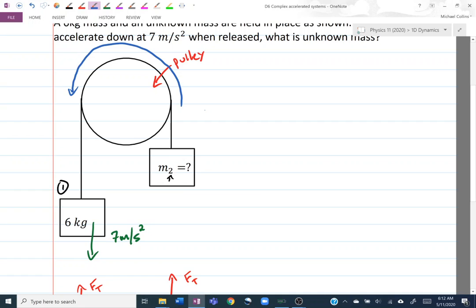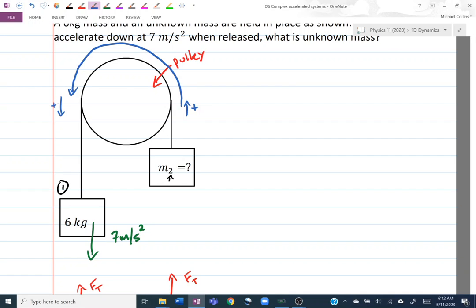This time we're going to use the string as our axis. Notice how the string goes around a corner. On this side, up will be positive, but as we come around the corner on this side, down is positive. And we're allowed to do that because it's moving along the plane.